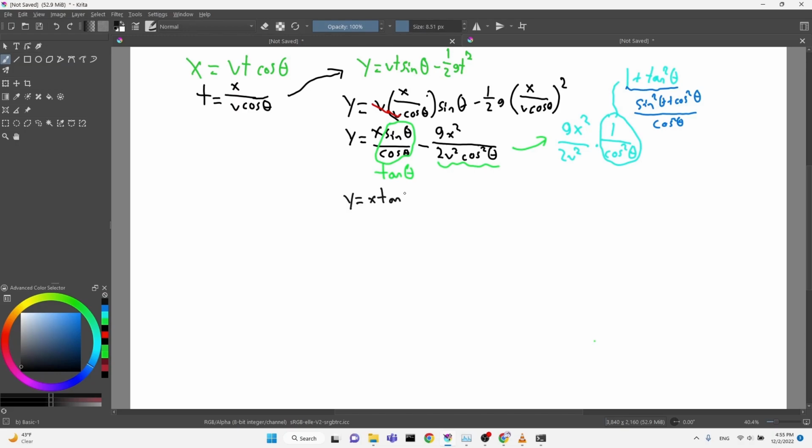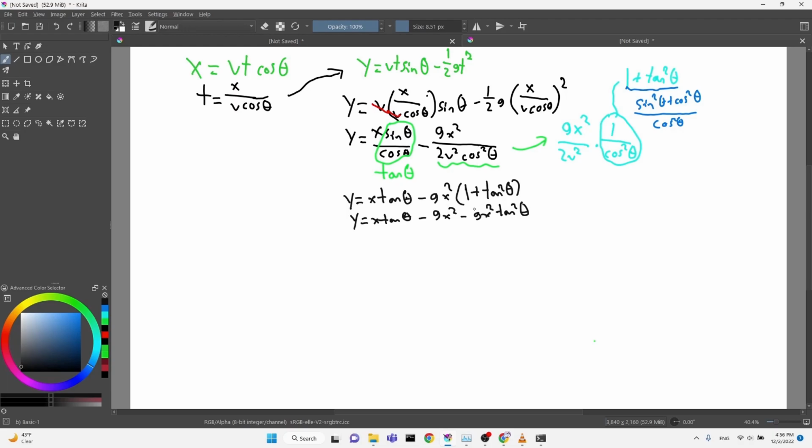X tangent of theta, and then minus gx squared times 1 plus tangent squared theta, right? Now simplifying this more, we have y equals x tangent of theta minus gx squared minus gx squared tangent squared theta.